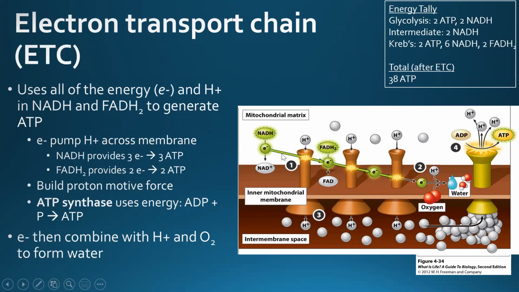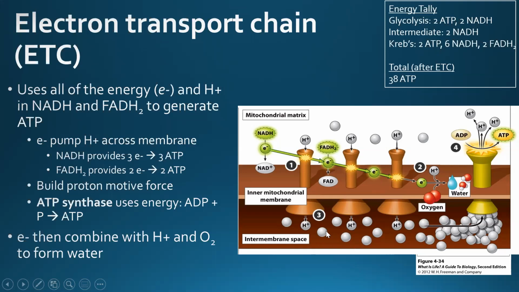So NADH is going to approach what we call complex 1. FADH2 is going to approach complex 2. And then basically you're going to take those electrons and hydrogens off, and you're going to build up these protons or hydrogen ions.